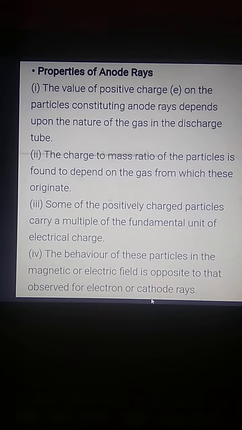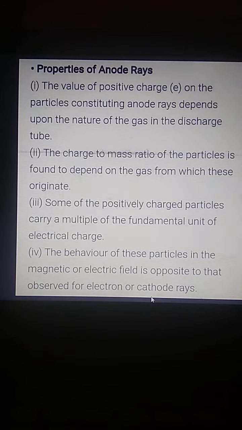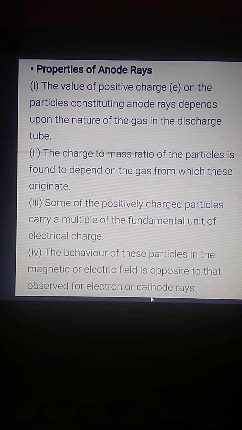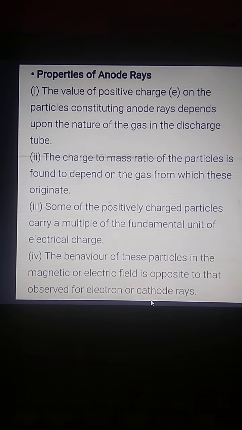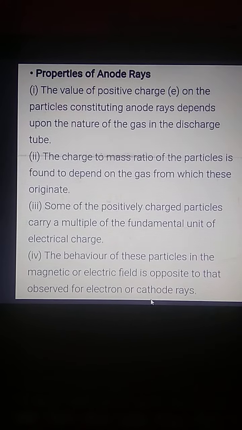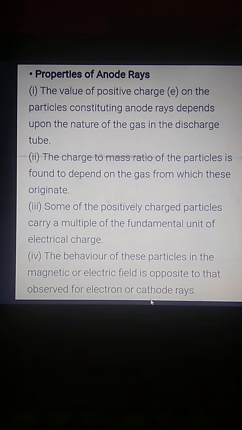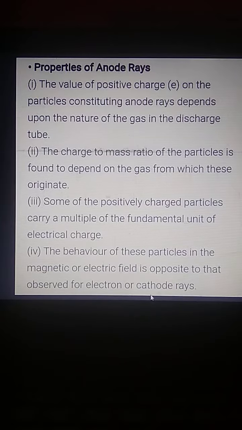Now what are the properties of the anode rays? The value of the positive charge on the particles constituting the anode rays depends upon the nature of the gas we have taken, and obviously the charge to mass ratio will also depend upon the gas.